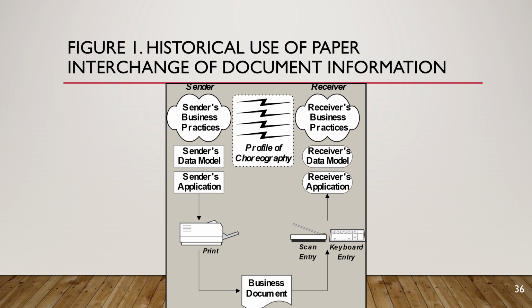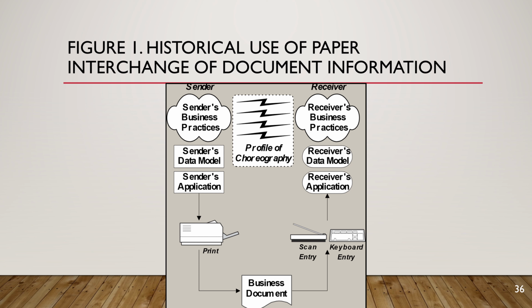I've extracted several figures from Ken's white paper. So first of all, we have the sender on the left and the receiver on the right. And, historically, there's been the exchange of paper or the exchange of faxes. And that was what we see illustrated here.